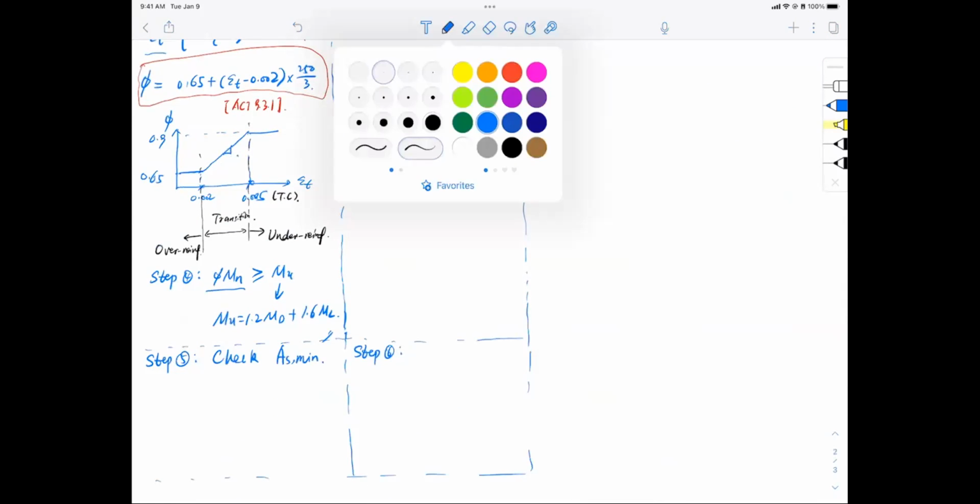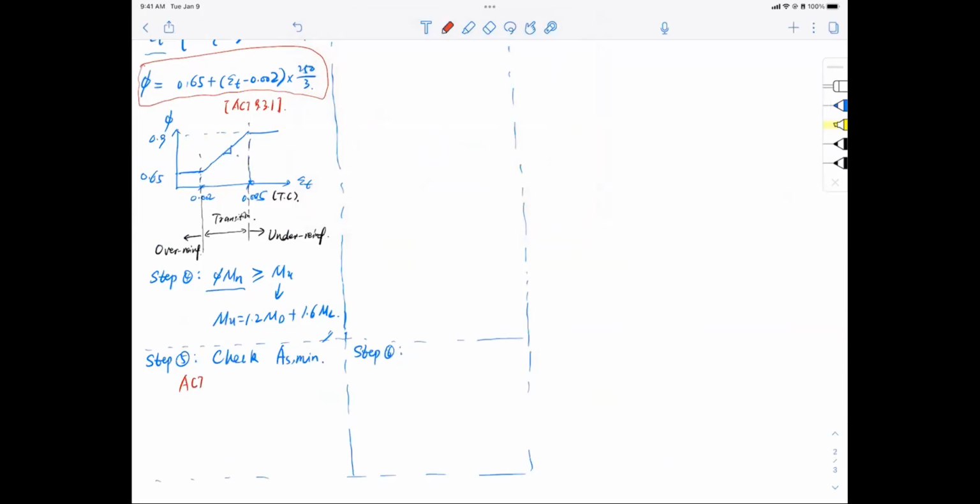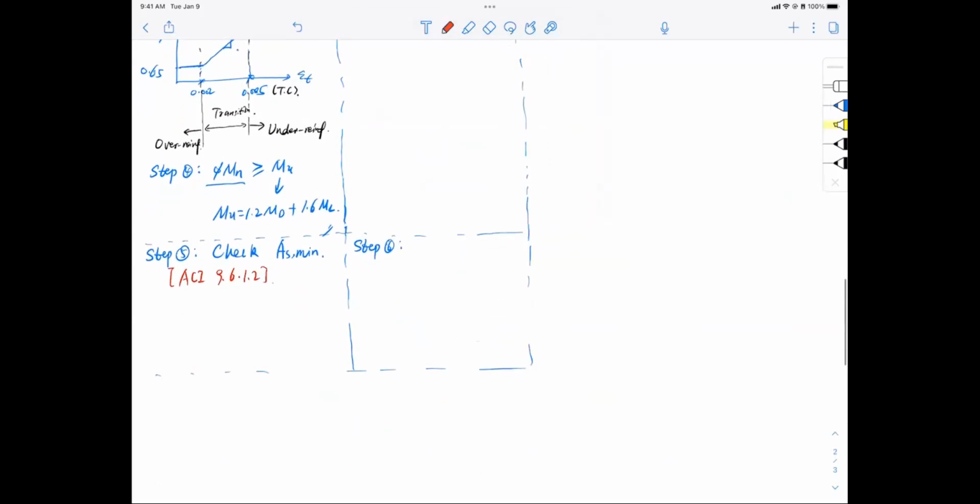If you care to look at it, it is ACI 318-19, 9.6.1.2. Those two equations are the same thing. As min is the larger of two: the first one is 3 square root f'c over fy times bw d, and the other is 200 over fy times bw d.